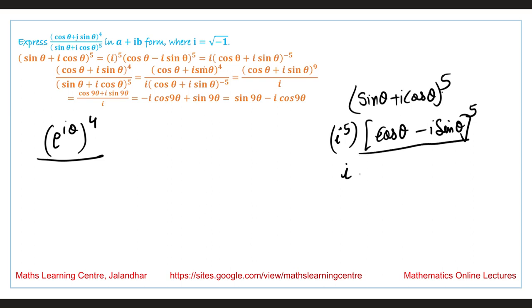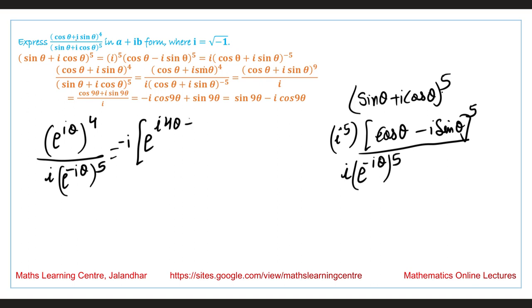This term we can write as e raised to the power minus iota theta, raised to the power 5. So this term becomes iota e raised to the power minus iota theta, raised to the power 5. If we take iota over here, in the numerator we have shifted, it becomes minus iota e raised to the power (iota 4 theta plus iota 5 theta). So this is equal to minus iota e raised to the power iota 9 theta.